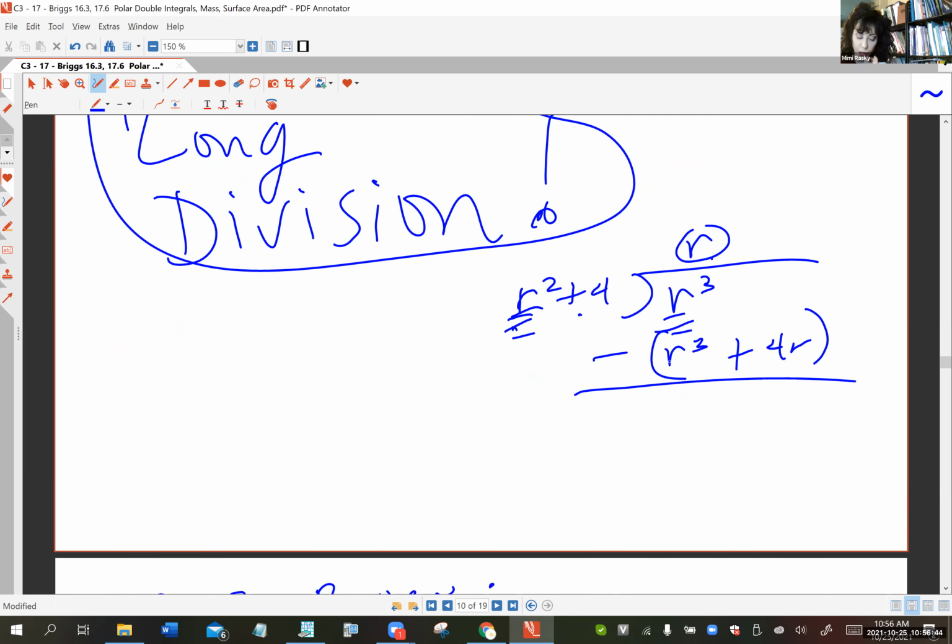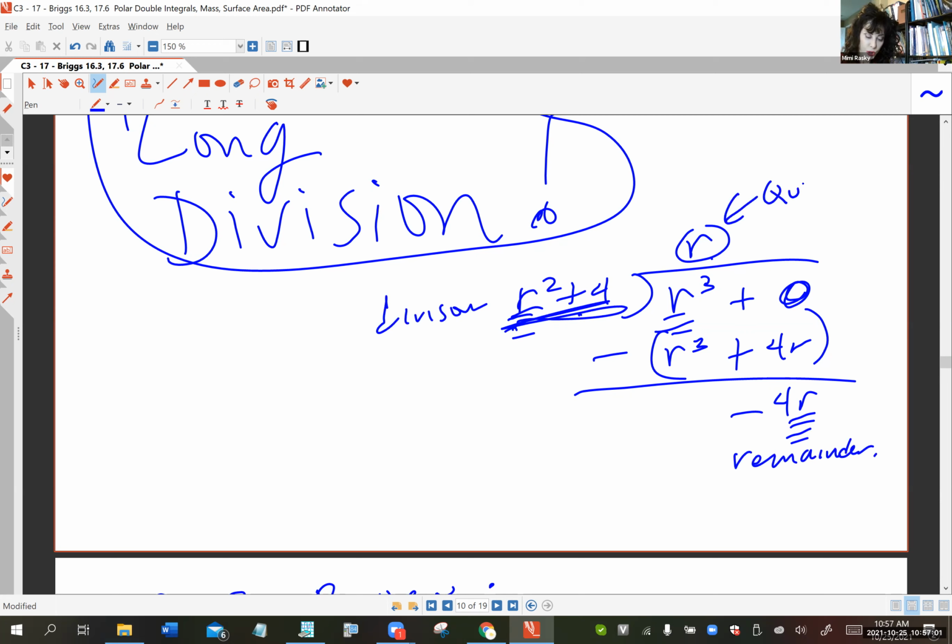r cubed minus r cubed is 0, and you have a 0 placeholder up here in the dividend, and 0 minus 4r is minus 4r. And you're done because this remainder is a polynomial of degree less than the divisor. And then here's the quotient. So when you write your answer, it has to be quotient plus remainder over divisor.